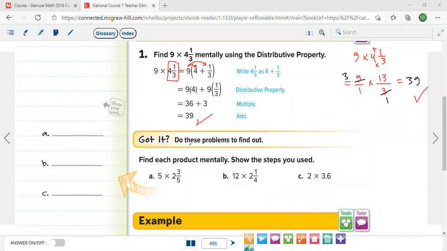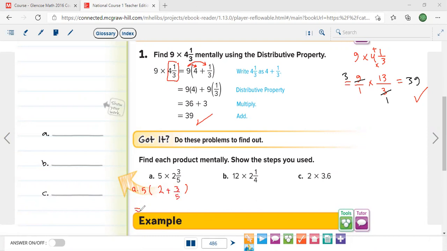Now, can we use this method to find each product mentally? Mentally means we need to think what is 5 by 2 alone, then 5 by 3 over 5 alone. Let me show you how. This will be for problem A. 5, then parentheses, 2 and 3 over 5 is like 2 plus 3 over 5.